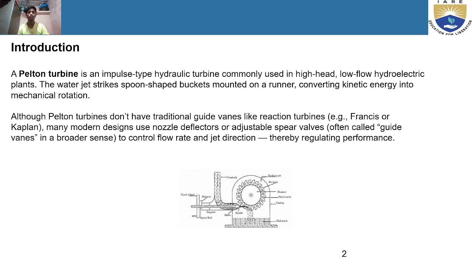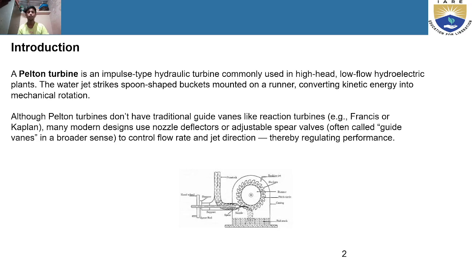The water jet strikes spoon-shaped buckets mounted on a runner, which converts kinetic energy into mechanical rotation. A Pelton turbine does not have traditional guideways like reaction turbines.